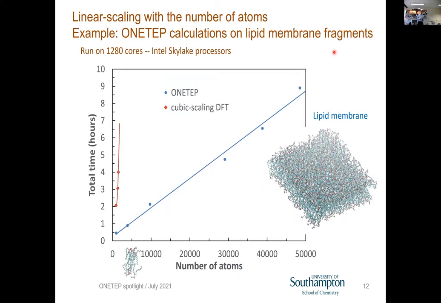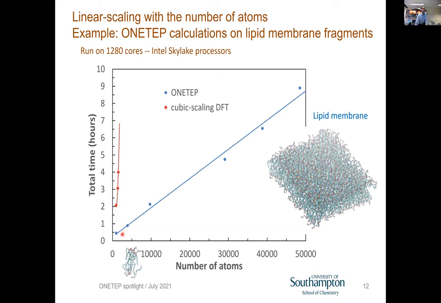So the end result of calculations with the code can be seen in this example. Here we have done calculations on fragments of lipid membranes, so a biomolecular system. You can see here the computational time with Onetep. We start from the tiniest system here, and we go in this example up to 50,000 atoms, and you can see the linear scaling behavior. While this is a conventional cubic scaling DFT code that, as you can see, runs out of steam very early.